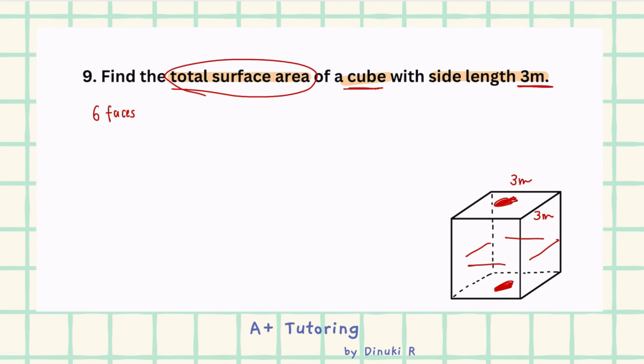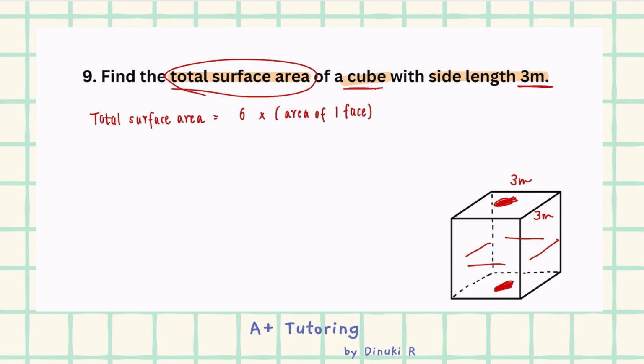The next part is to understand the area of a single face on a cube before we try to figure out the total surface area. So essentially, total surface area would be 6 times the area of one face, right?